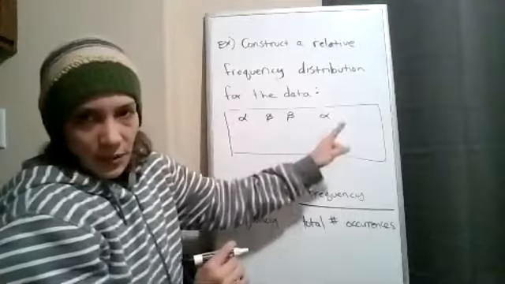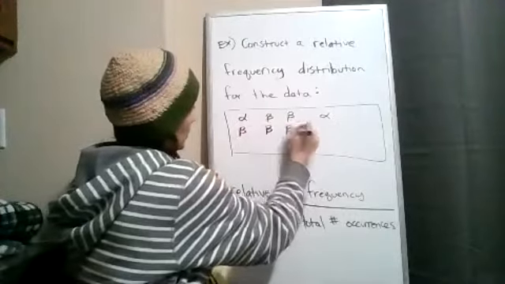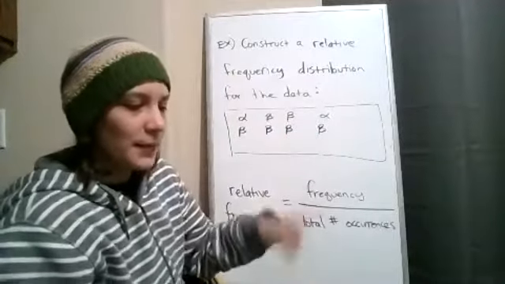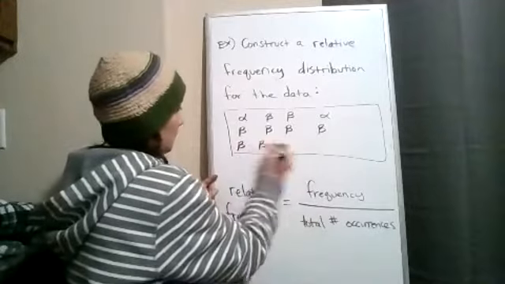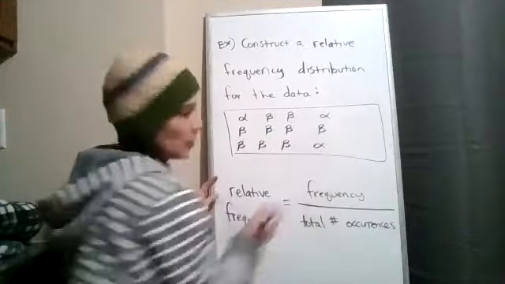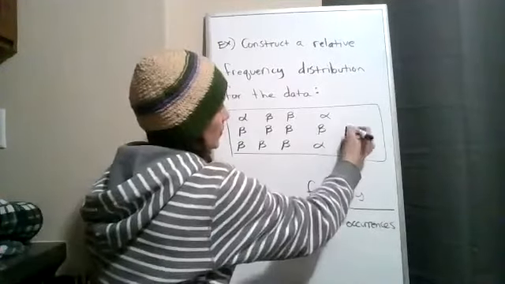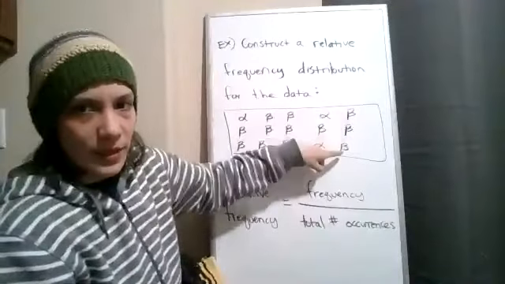Then just beta straight through 4 times. And beta, beta, beta, alpha, beta. I think there's a row that I missed too. I put an extra 3 of those guys on the end.